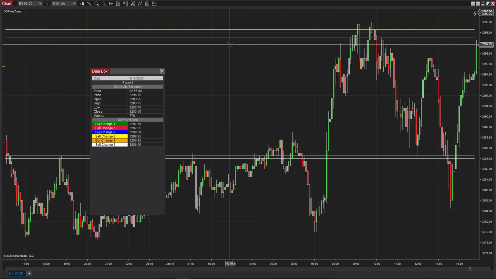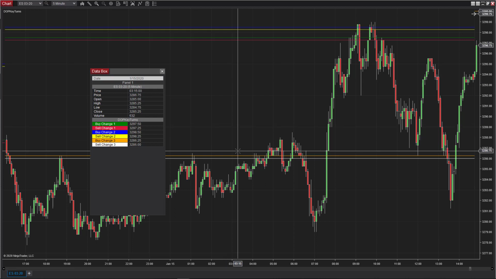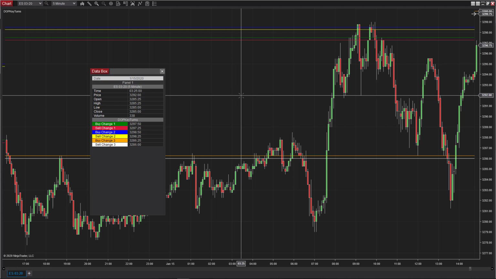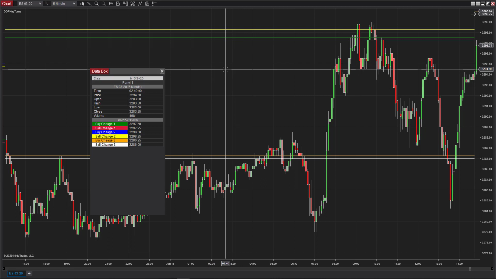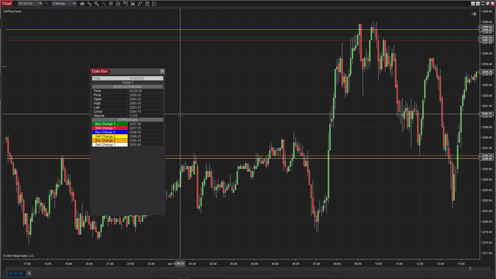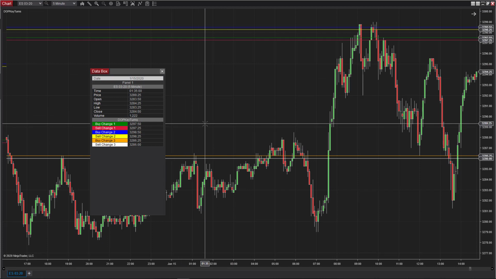Then the yellow and blue, the second key turns, is 32.98.25, and the higher tick would be 0.5. Our third down here is 32.86.25. Sometimes one of these will be the exact same price as another. So if you're wondering where the third key turns level is, it's probably the exact same tick value as one of the other prices. This is helpful to get a quick view of that.